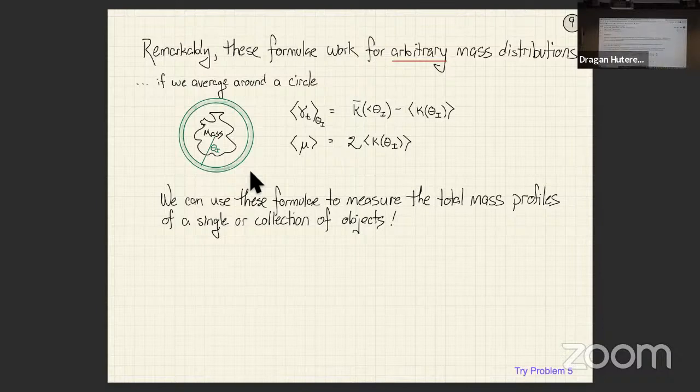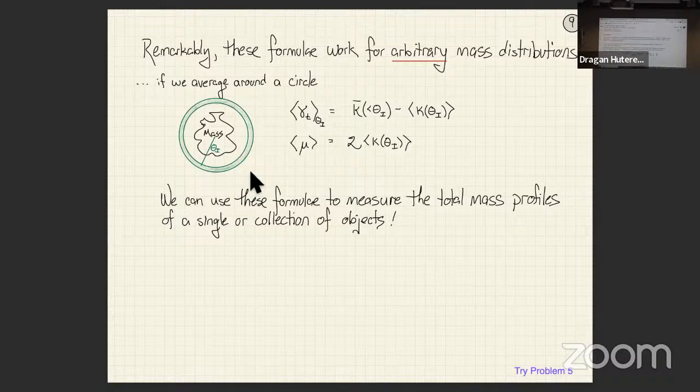Let's take a graph of the tangential shear that's generated by a singular isothermal sphere. Let's make the lens a cluster of galaxies with a sigma of 1200 kilometers per second. The lens is at redshift 0.5, and let's say the sources behind it are at redshift 0.9.